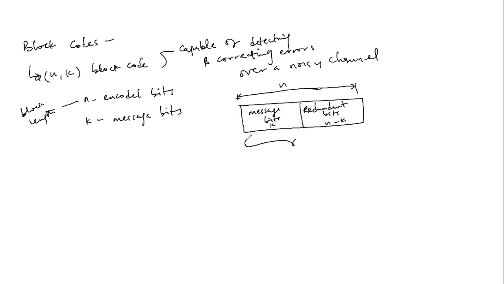And what we have here is the code word. Hence the code word is a combination of the message bits and the redundant bits, and this is what is transmitted over the channel.